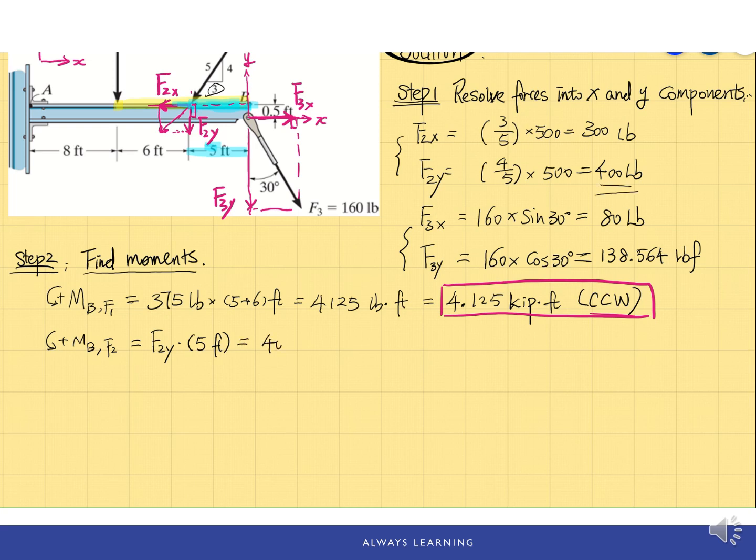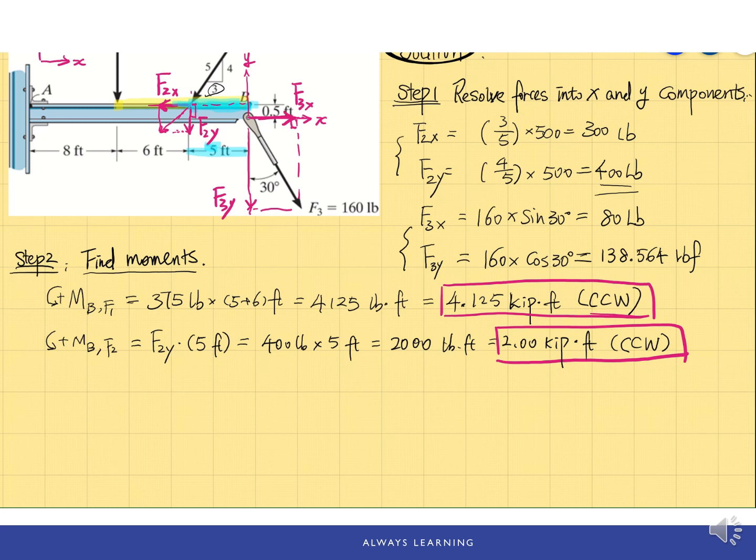It has 400 pound force times 5 feet, which will give us 2,000 pound-foot, or 2.00 kilopound-foot. And we check with the right-hand rule, this rotation will also be a counterclockwise rotation. So it's a positive value over here. And this is the moment of the second force.